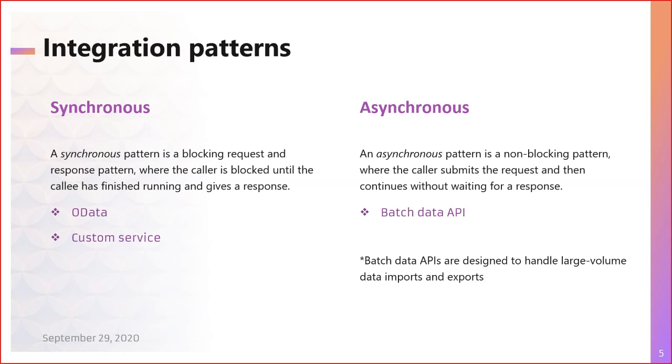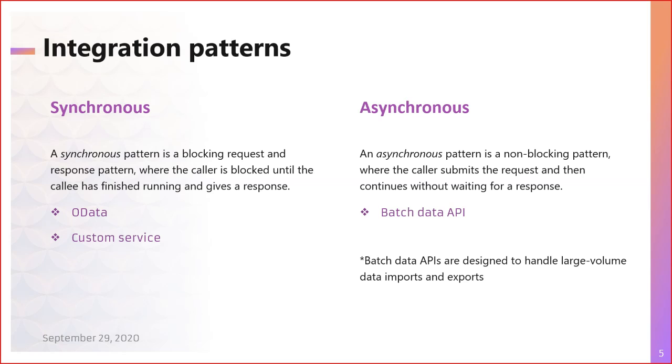So what does it mean here? A synchronous pattern is a blocking request and response pattern. You make a call and now you are blocked. You will wait for the other party to respond to you. Until the other party responds, you are in a blocking state.